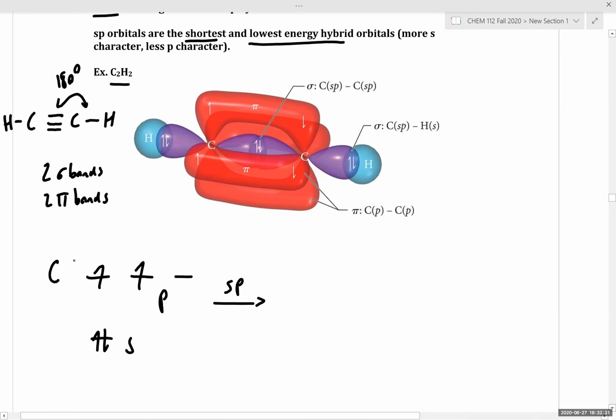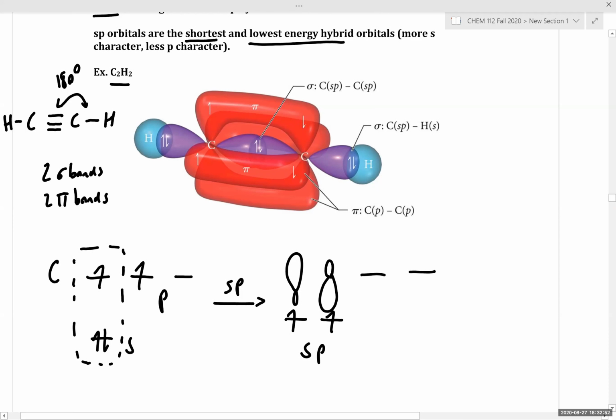Okay, so we combine and hybridize our s orbital and 1 p orbital. That gives us 2 sp hybrid orbitals. So we can form our 2 sigma bonds, and we also have left over 2 p orbitals.